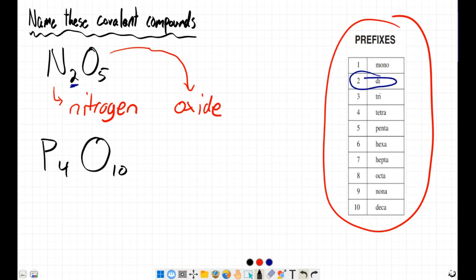So I will have to put that prefix right in front of the word nitrogen. So now it reads dinitrogen. And as for oxygen, there are 5 oxygen atoms in this compound. So we find the word associated with 5, penta, and that's what we'll put in front of here. So the final answer for this is dinitrogen pentoxide.